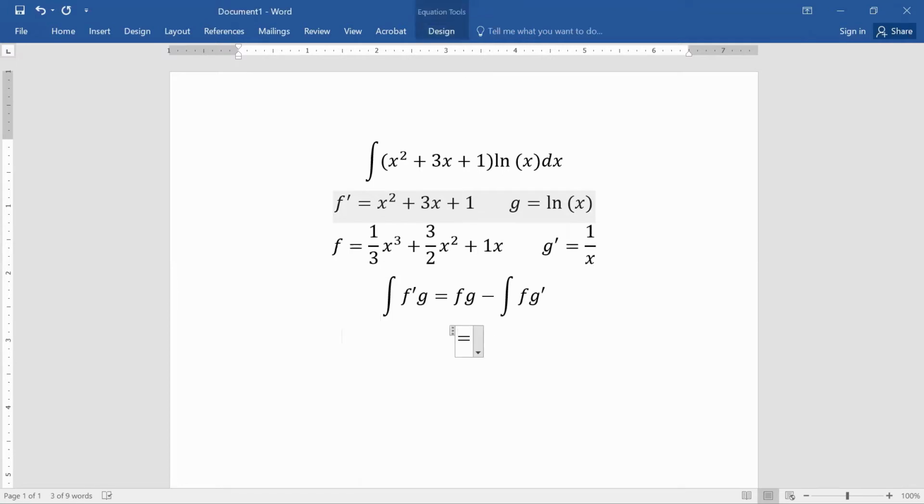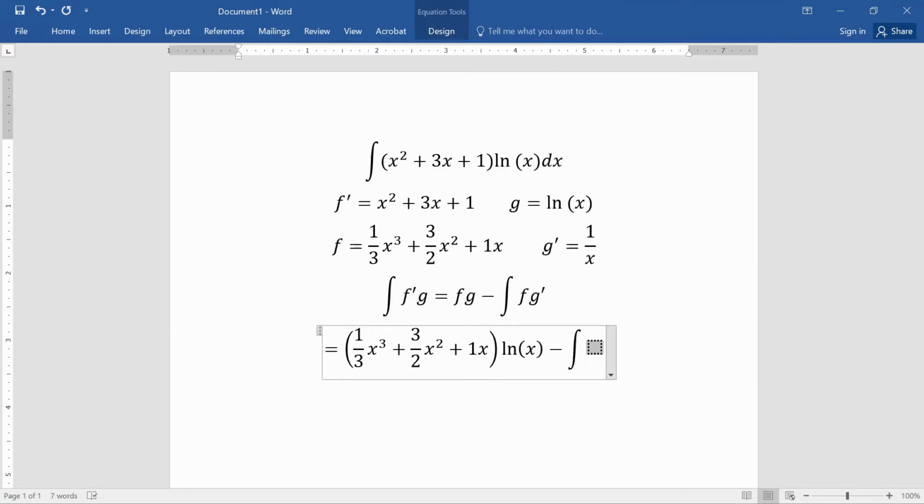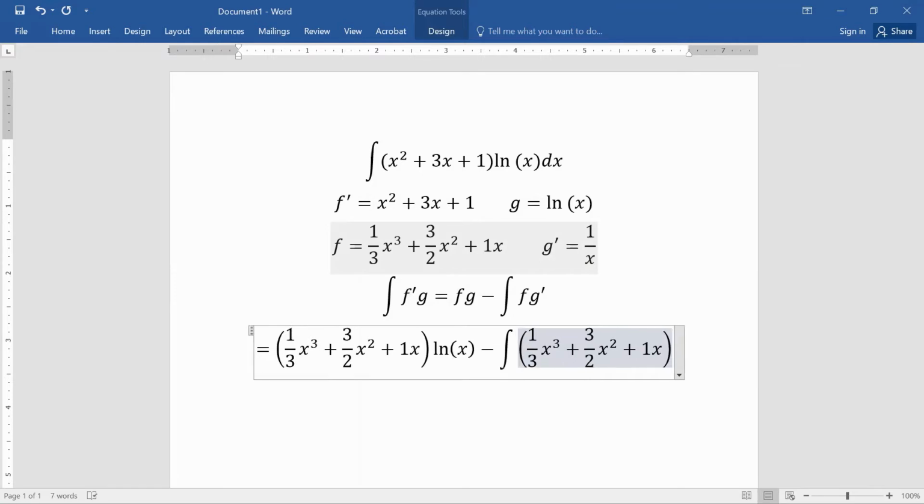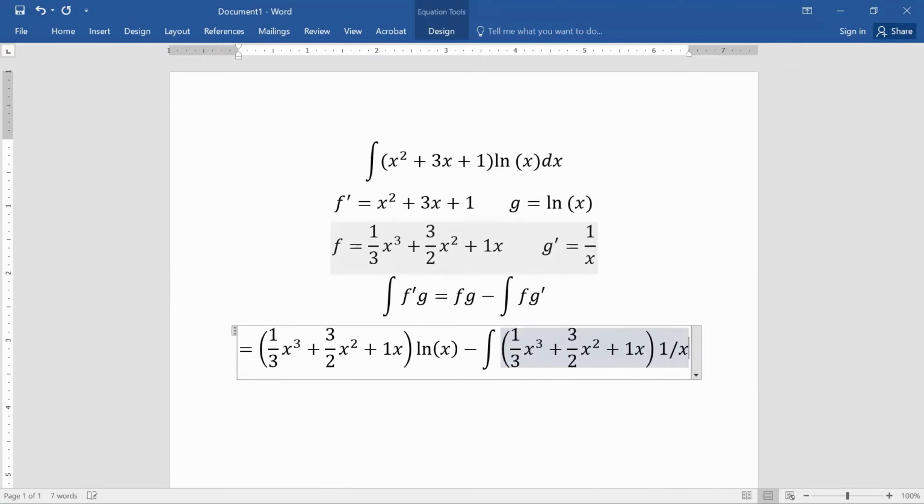In this scenario, when I'm integrating this, I plug f times g into my formula. f is this ugly polynomial. g is natural log of x. Minus the integration of f times g prime. Once again, that ugly polynomial, but this time multiplied times the derivative, which is 1 over x.